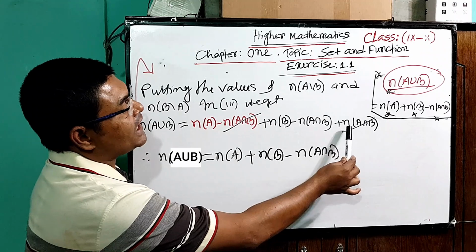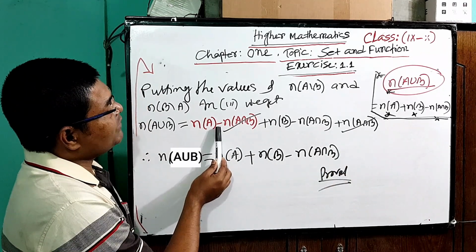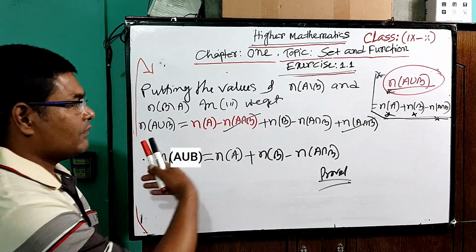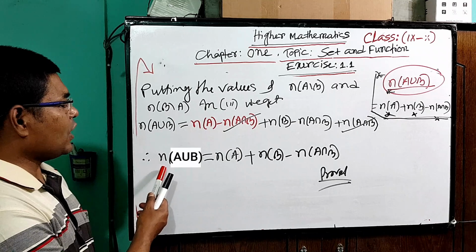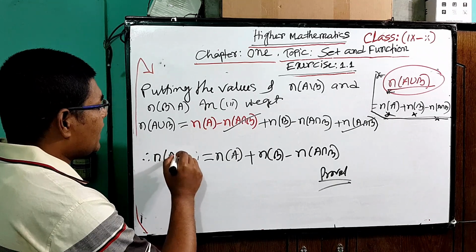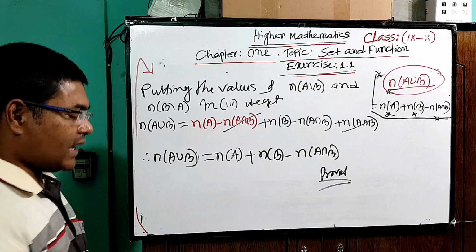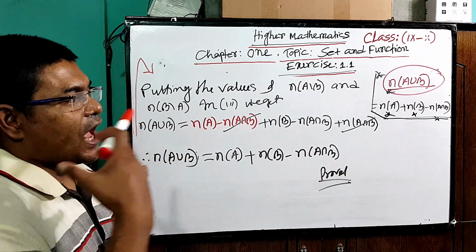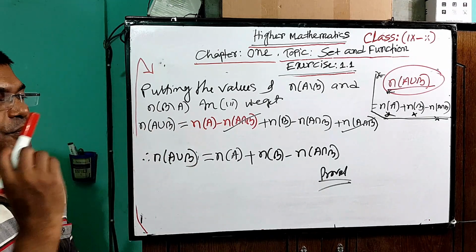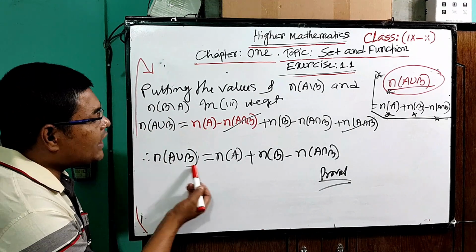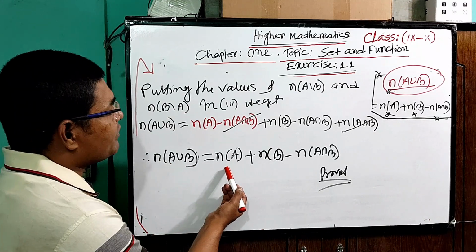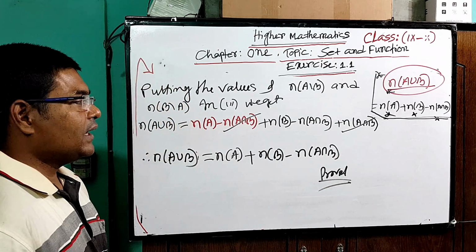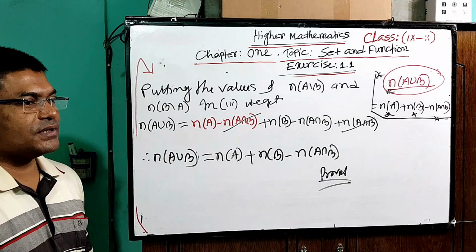Here is plus n of A intersection B, here is minus n of A intersection B. So cut it, we will get n of A union B. Be careful when you solve the maths about union and intersection. So n of A union B equal to n of A plus n of B minus n of A intersection of B. Okay, I think you have got the proposition.